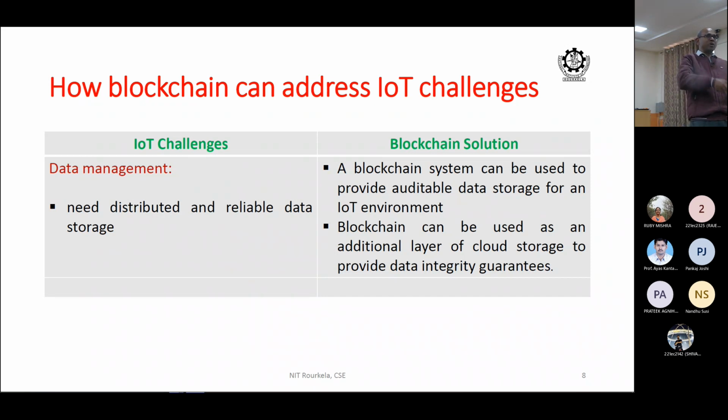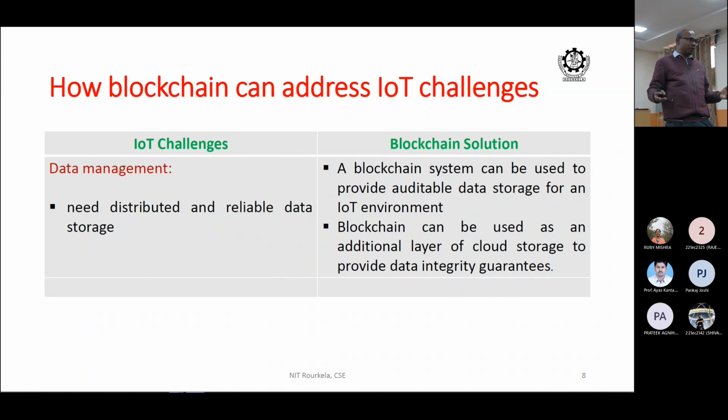Instead of placing it at one place, you place it at ten, and you cannot say, I placed it at ten, so it's reliable. It's not possible. When it is distributed, you cannot say it's reliable, but blockchain provides reliability. The reliability comes from the blockchain because it's transparent. So this is distributed, reliable data storage, and a blockchain can be used for it.